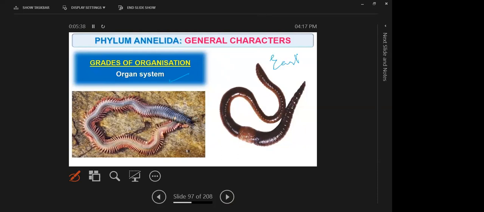Annelids have varied habitats. They live terrestrially, for example earthworm, and they are aquatic, for example Nereis. If there is a lot of water, you would have seen Nereis entering, suppose you are near a damp place or in your house, in damp and old houses. You would get to see Nereis entering.